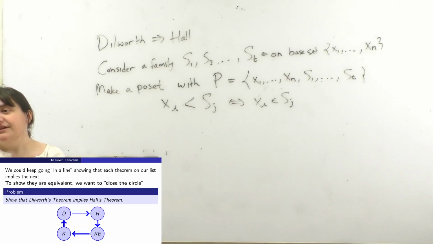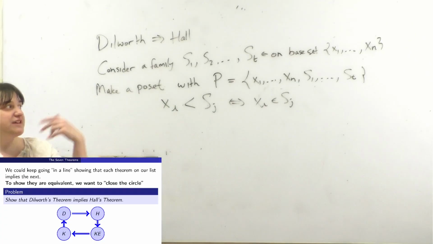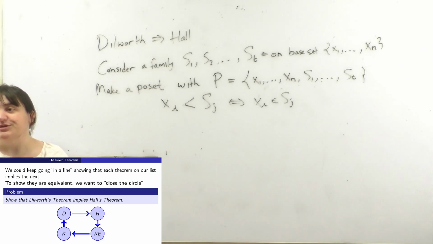All the xi's are incomparable, all of the sj's are incomparable, and you never have the reverse. With inequalities, you want to make sure you don't define something where you get a circle of things, but it's not that hard to see that this is an inequality definition that works. In fact, it's like a bipartite graph.